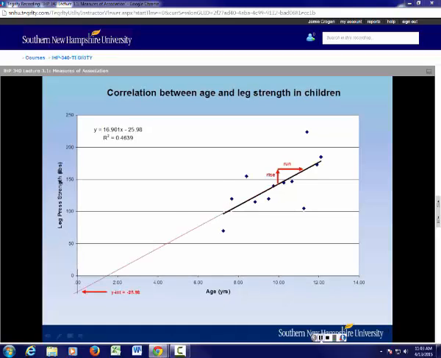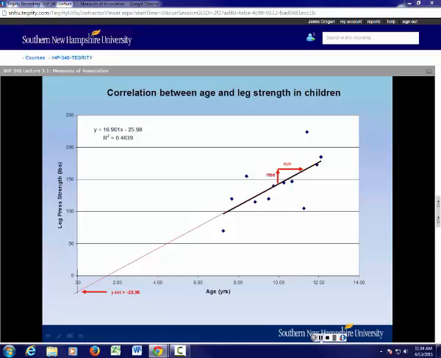So just to show you the aspect of this regression equation, you can see it's written in the upper left-hand corner. Y equals 16.901 times x minus 25.98. That is y equals mx plus b. The m, the slope, is the 16.901, and the y-intercept is the negative 25.98.